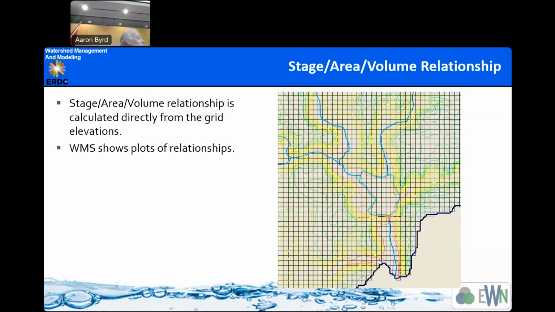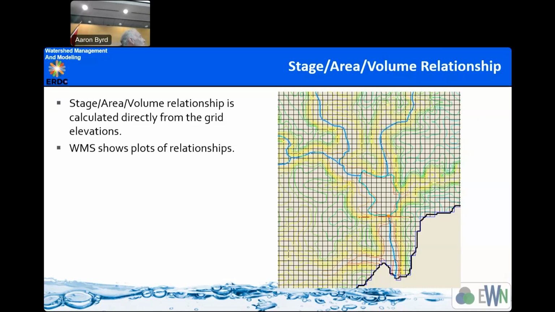But the grid becomes a percentage. That's right, that's the key there. Unless you have a really good description of the elevations below the lake and a fine grid, you'd be much better off to get the relationship. But WMS also has tools for getting that relationship.